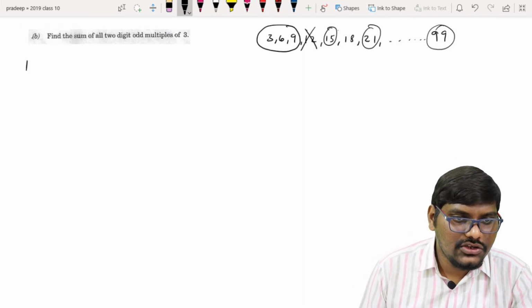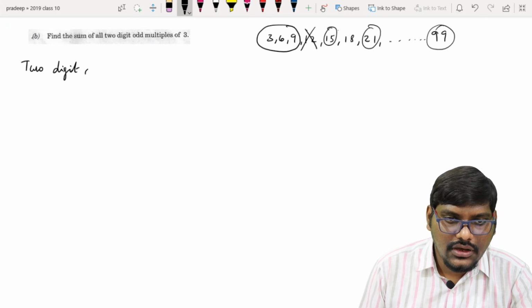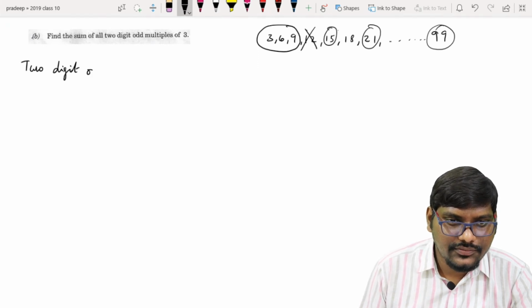So we'll write the 2-digit odd multiples.